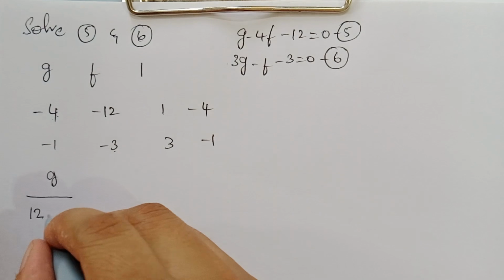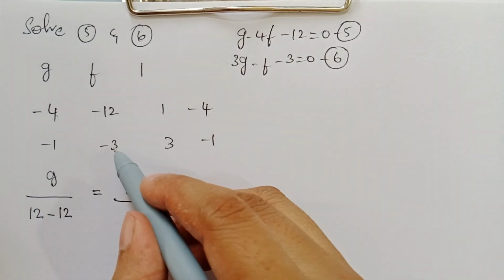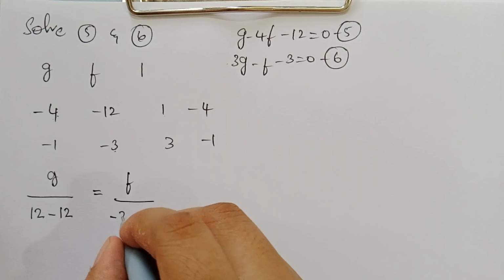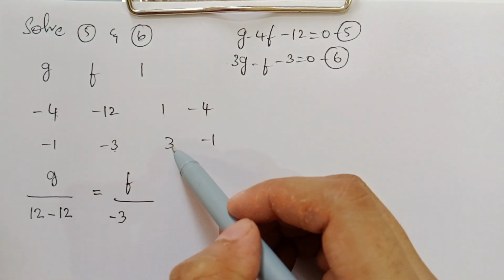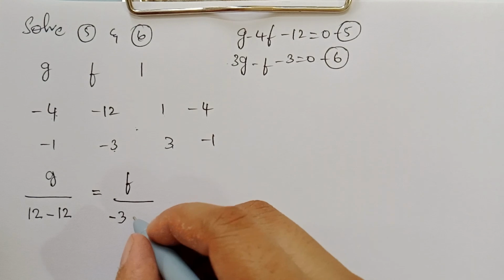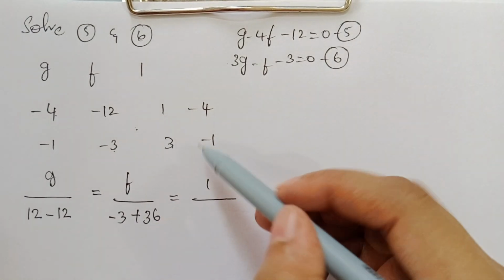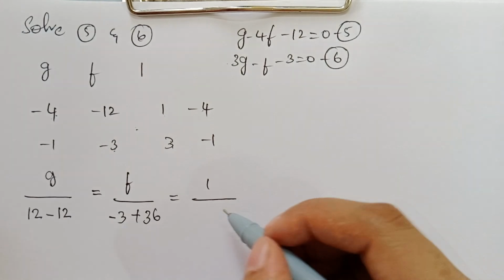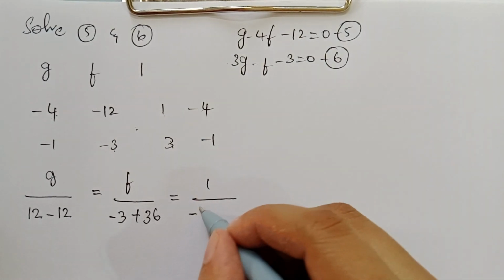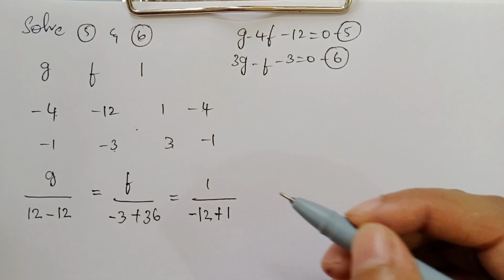In the formula, it is minus 12 f by minus 3 into 1 is minus 3, and 12 into 3 is 36, minus of minus, so it is plus 36, equal to 1 by 4 into minus 4 into 3 is minus 12, minus of minus, so it is plus 1.